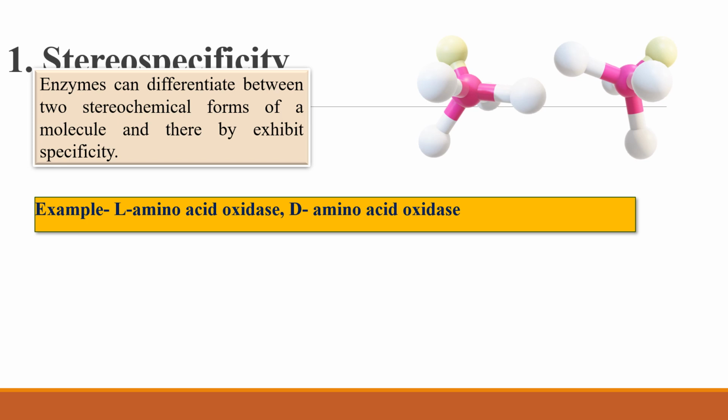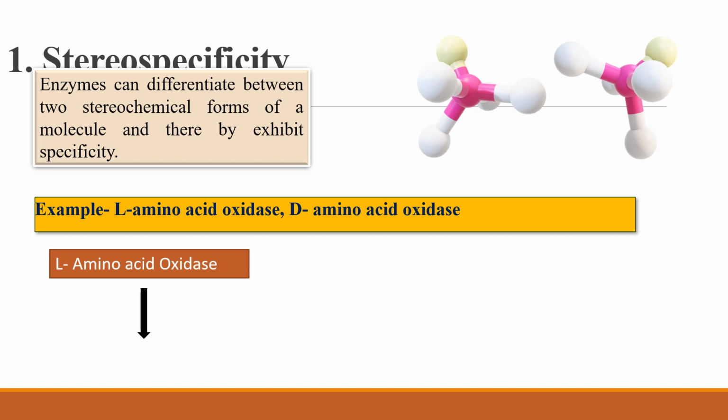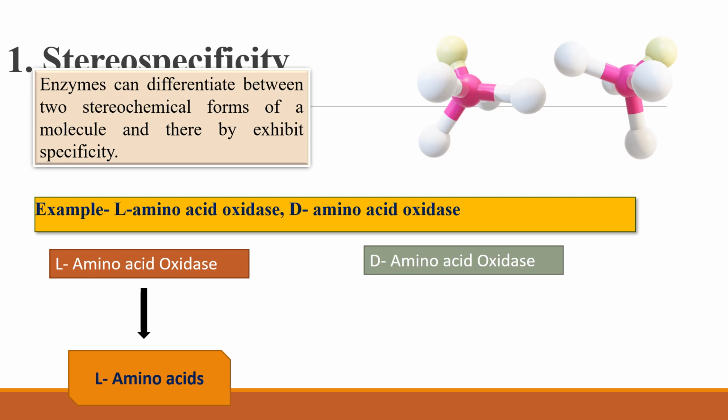The best examples are the L-amino acid oxidase and the D-amino acid oxidase. L-amino acid oxidases specifically act on L-amino acids, while the D-amino acid oxidases act on D-amino acids. So thereby they are exhibiting stereospecificity.